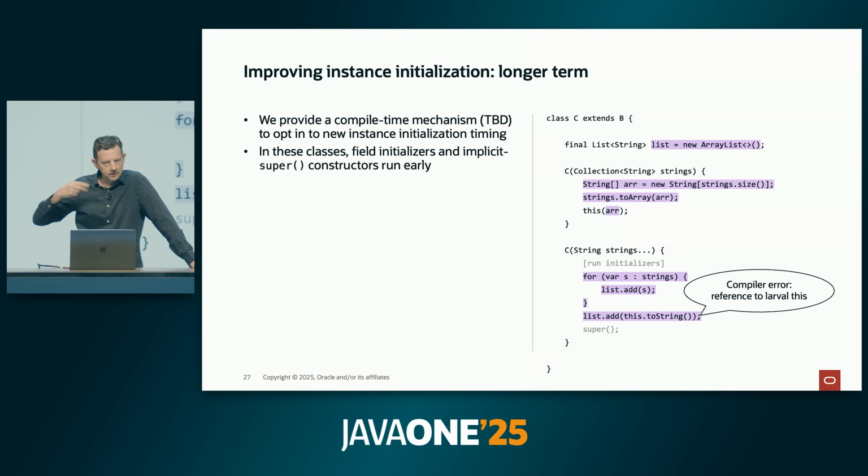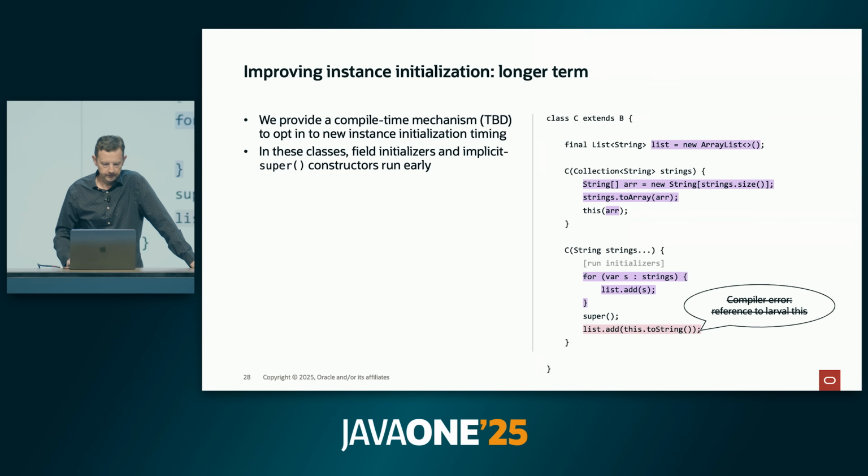Then you run the code, and then the implicit super can go at the end. So if you turn on the warnings in the short term, those warnings will prepare you for being able to opt into this in the longer term. And you address any errors when you get compiler errors by, again, using an explicit supercall to differentiate between what needs to run early and what needs to run late.